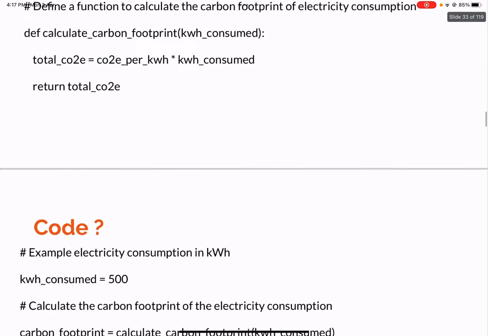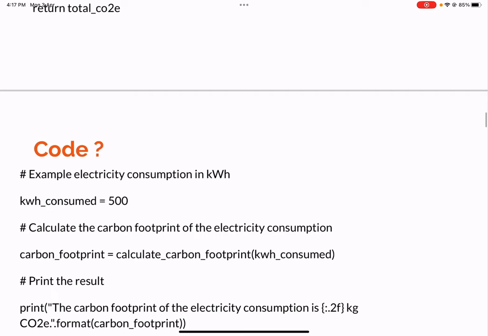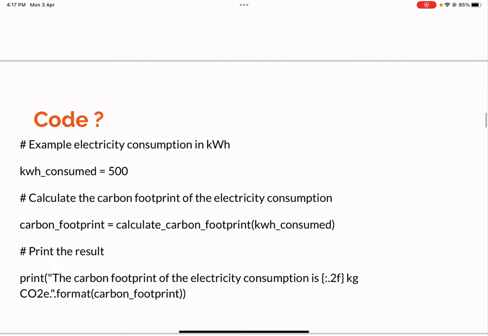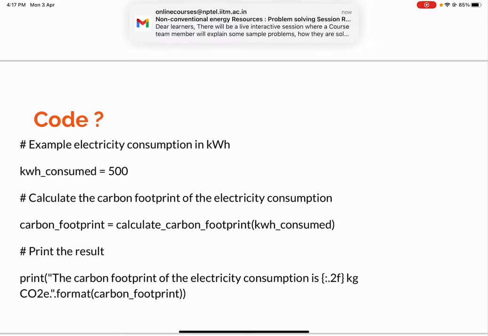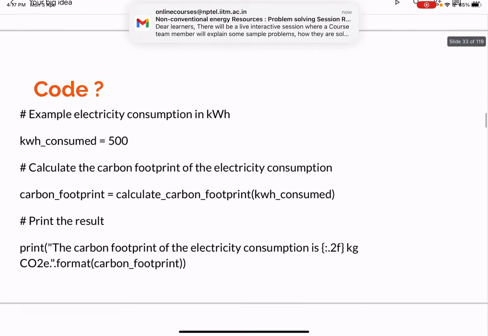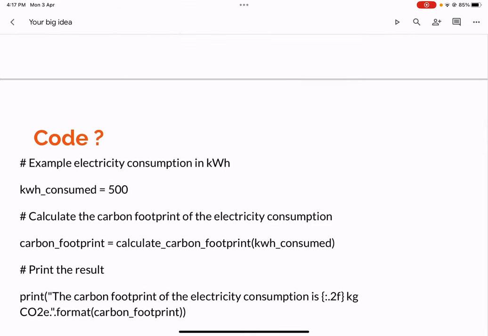So the code would return the total carbon dioxide equivalent, that is, the carbon footprint from electricity use. For example, if the user who is staying in the US, in a particular region which I mentioned, is consuming 500 units, the user would enter 500 units as consumption, and from that the code would print the carbon footprint because of her electricity consumption of 500 units in the grid which she has selected.